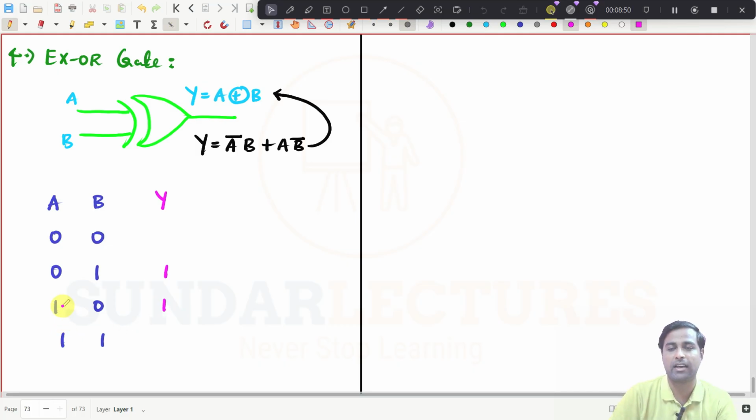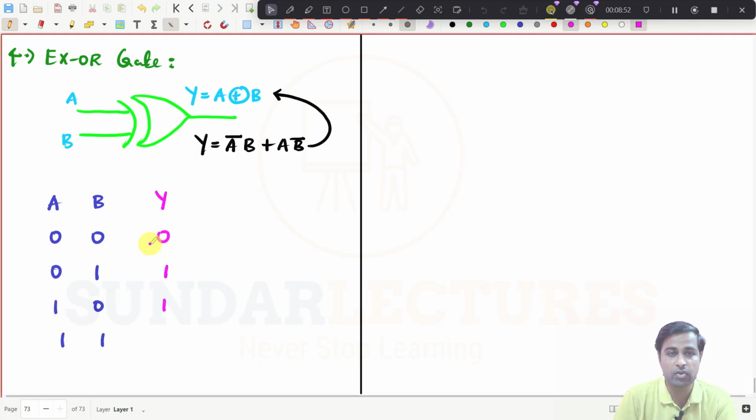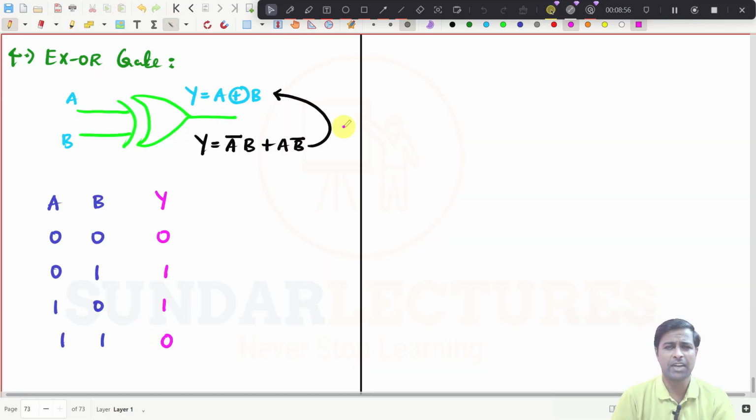Simply you can write like this. So this will be 0 because both inputs are the same. This will also be 0, both inputs are the same. And you can cross verify with this truth table. We have already seen this, right? You find A bar B and then A B bar, add both things, then you will obviously get this as an output, right? I'm not going to do that because I have done it many times in my previous lecture. So this is how an XOR gate works.